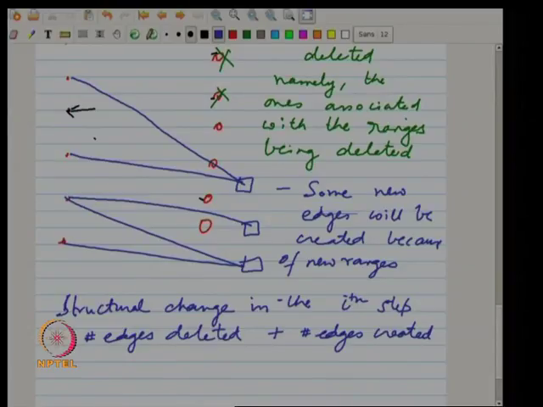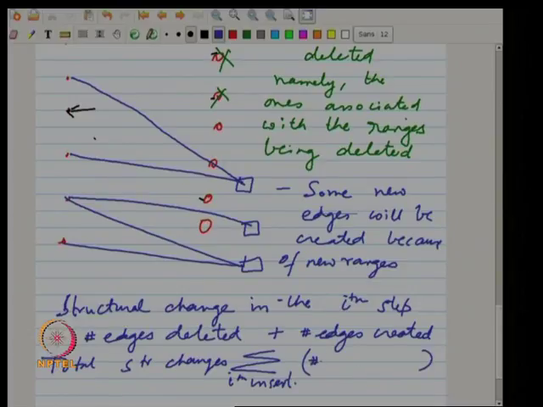And then when we sum this up, the total structural change will be, over all insertions, the ith insertion, the same thing: number of edges deleted plus created.